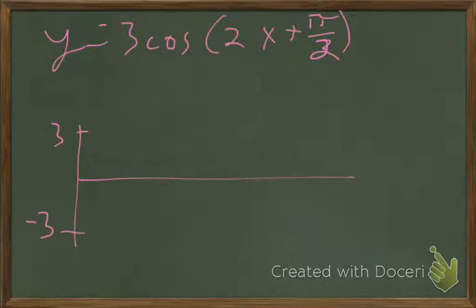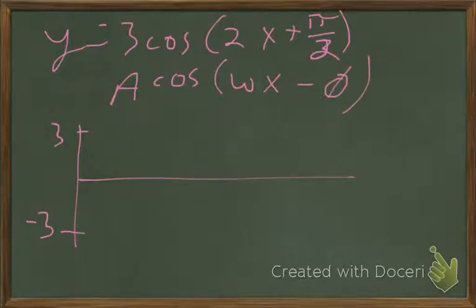Okay, don't forget, the formula ends up being a cosine of wx minus phi. Okay? And this also, and so therefore, we know a is our 3 and negative 3.